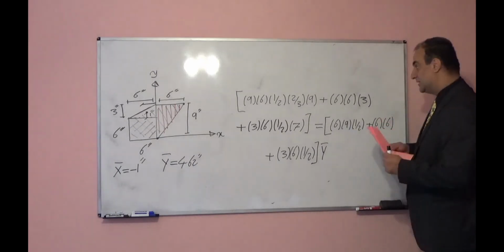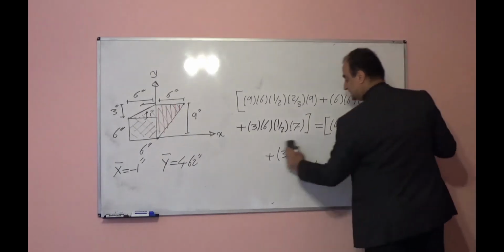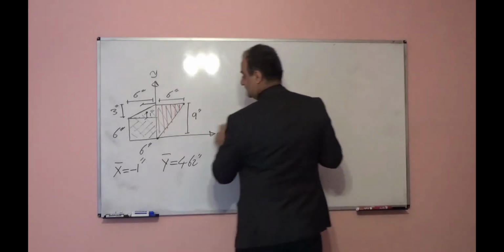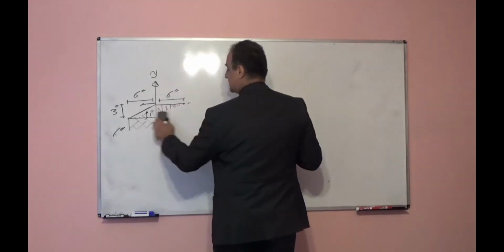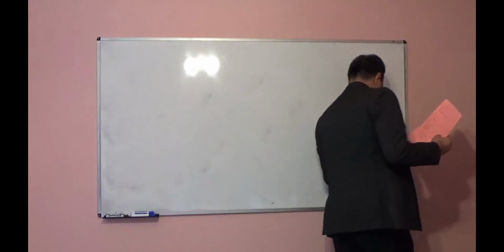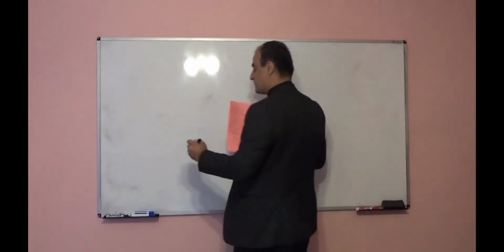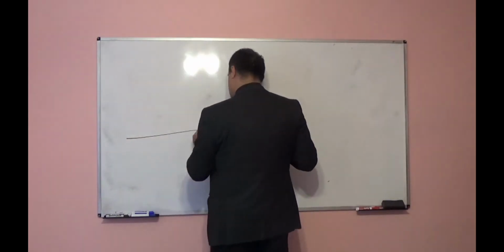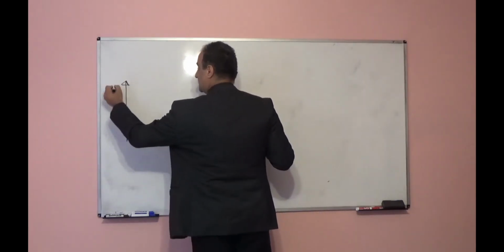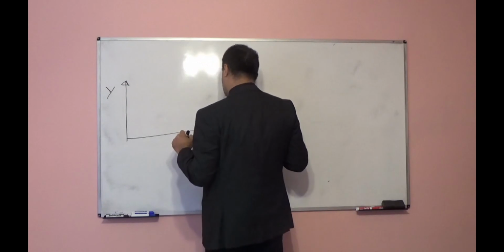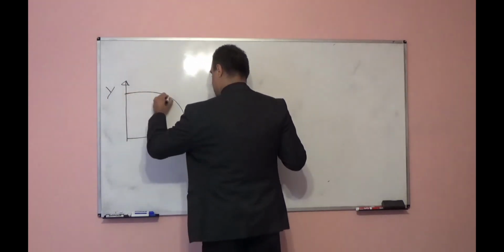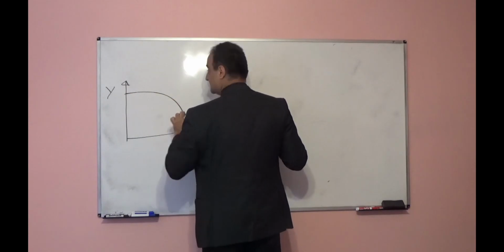Let's look at two different examples. I want to find the centroid for a quarter of one circle, for example. I have coordinates x, y, and I want to find the centroid for a quarter of a circle like this.